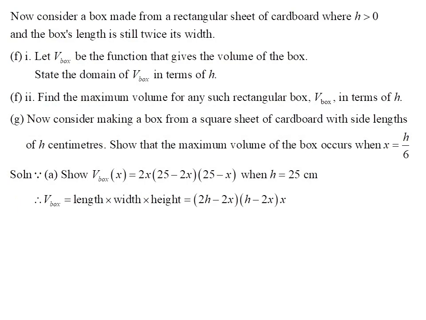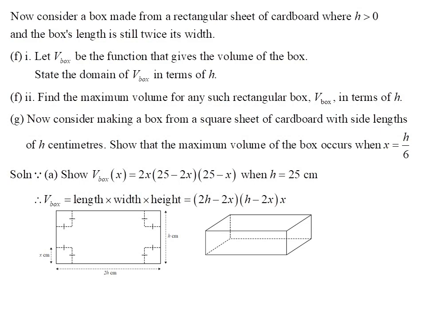Since VBox equals length times width times height, it equals (2h minus 2x) times (h minus 2x) times x, which equals 2x times (25 minus 2x) times (25 minus x) cm cubed when h equals 25 cm, as required.